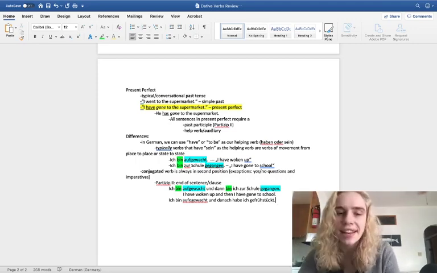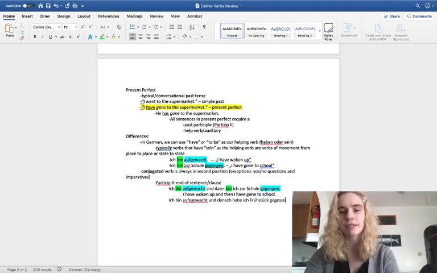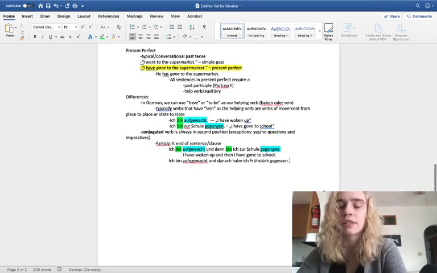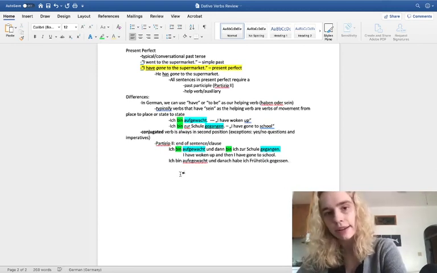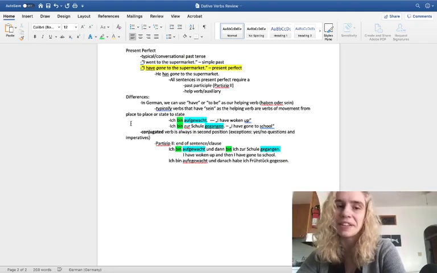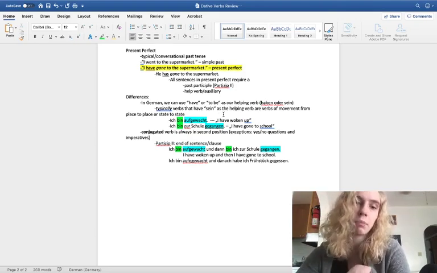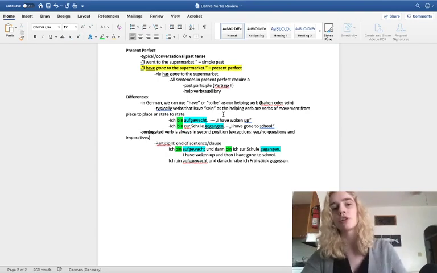Or I could say, danach habe ich Frühstück gegessen. So I woke up and then I ate breakfast. So those are our two main differences, that we have two different helping verbs in German and that our participle is going to be separated from the helping verb, unlike in English.